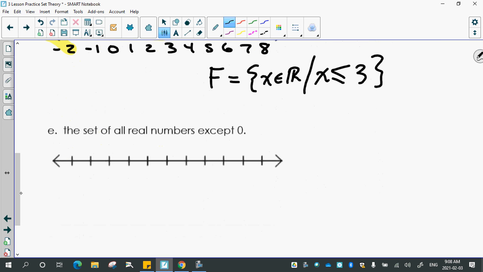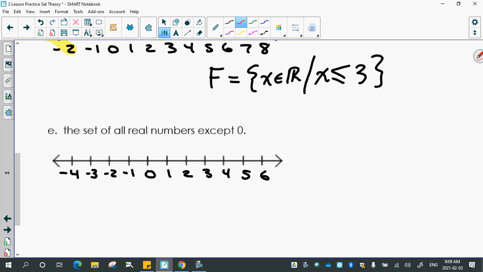Okay, the next one's interesting, the set of all real numbers except 0. Someone's a bit of a thinker. So is 0 in the set?